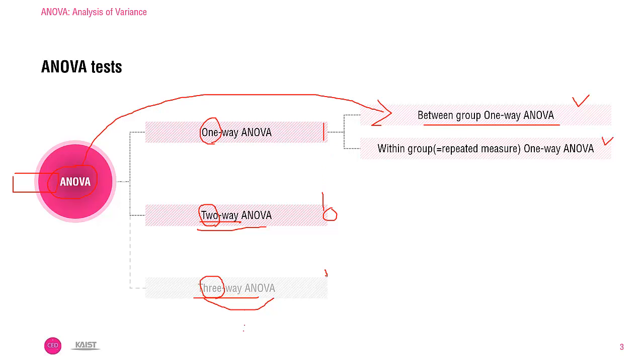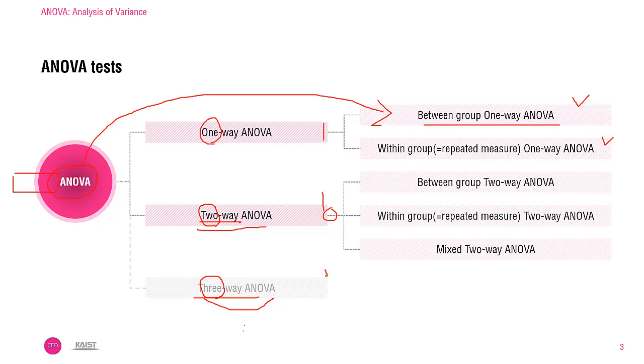And the 2-way ANOVA has also different types. When all subjects were exposed to the entire stimuli, the within group 2-way ANOVA is suitable. But when the dependent variable is measured by separate samples, the between group 2-way ANOVA is a proper method, or is a correct method. In addition, the ANOVA test can be designed with a mixed model as well.